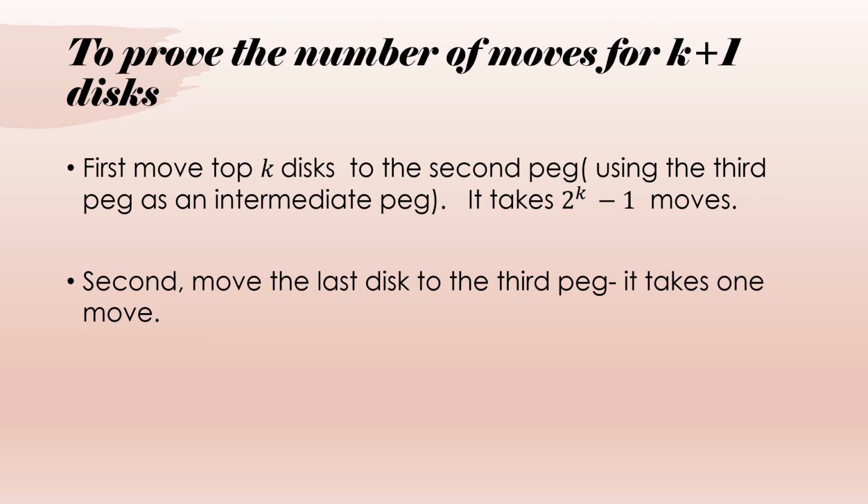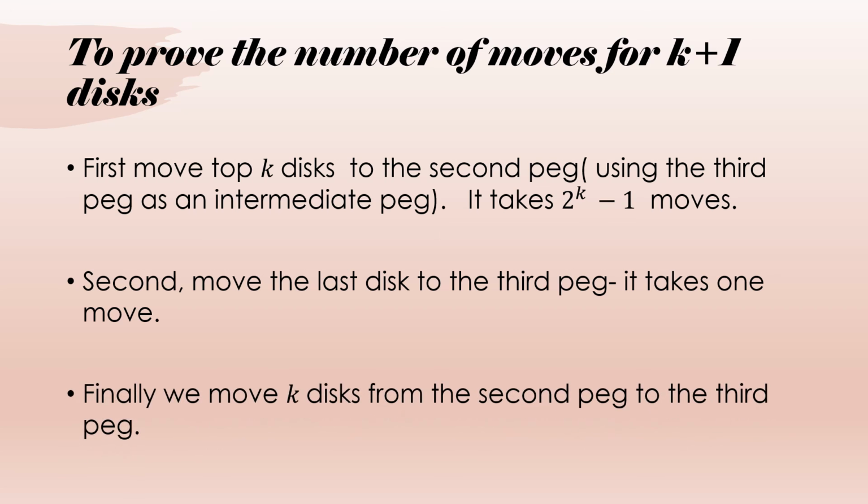So the largest one is on the third peg now. Now we have to move the k discs which we have already moved to the third peg again. Like in the beginning, we use the first peg as the intermediate peg and move them to the third peg, and that will take 2 raised to k minus 1 moves.